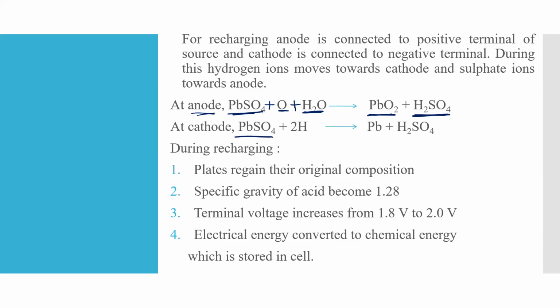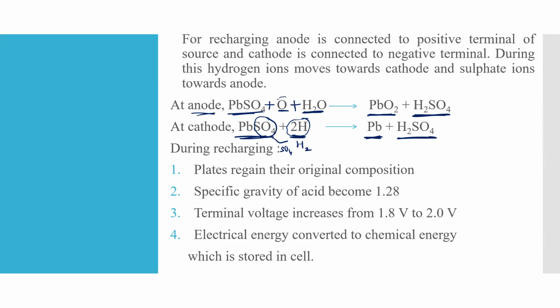Whereas at cathode, we already have lead sulfate, which combines with 2H. So this H2 and SO4 together combine and become H2SO4. So once again, at cathode, we will have a spongy lead, and at anode, we have a lead peroxide. We are getting it back.